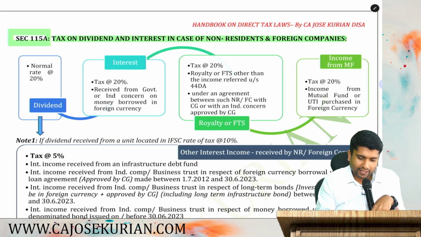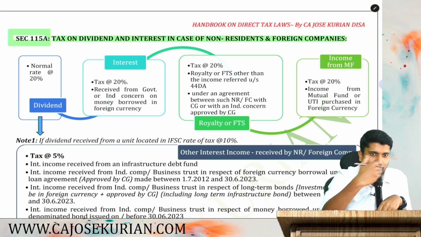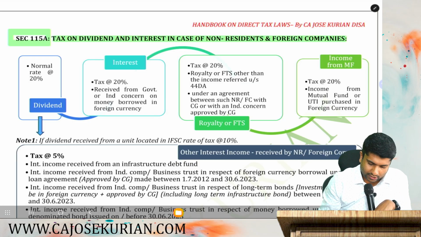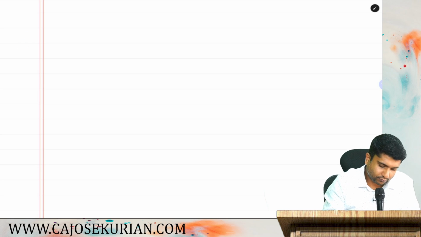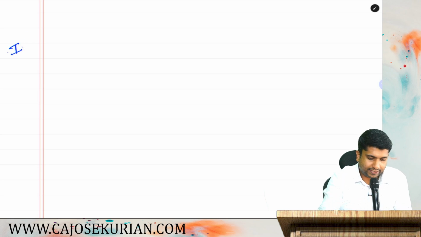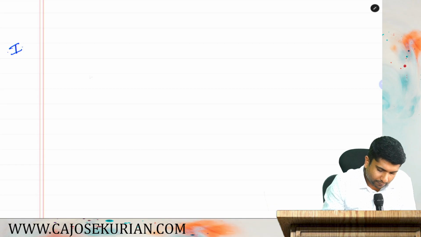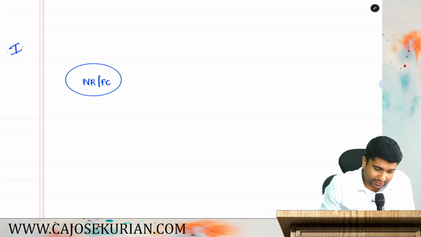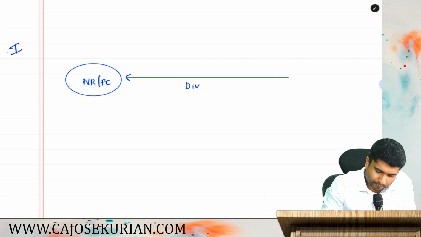So rather than explaining it here, I'll make use of a chart. I want all of you to take note of this chart which I'm about to draw. Starting with the first item under Section 115A, item number 1: say you are a non-resident or a foreign company, and you are in receipt of dividends from an Indian company.